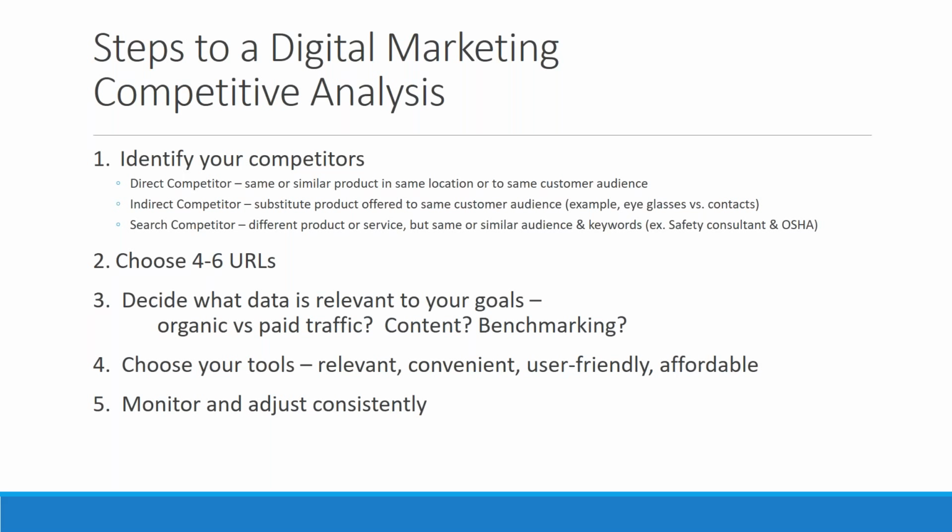For example, if I manufacture eyeglass frames or sell them retail, then my indirect competitor would be someone who sells contacts or manufactures contact lenses. So it's a substitute product. And then there are search competitors, and these may be organizations that are quite different from your client, but they are ranking for the same keywords.